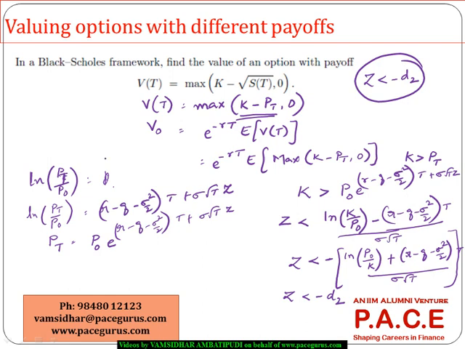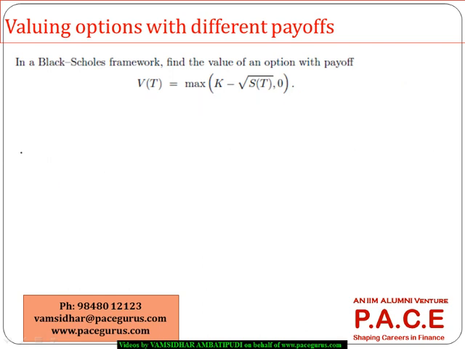Now I'll go ahead in terms of finding the integration. What is the price of my put option? I'll take it as e^(-rT) divided by square root of 2 pi, and I am trying to integrate for Z less than minus d2, so from minus infinity to minus d2.